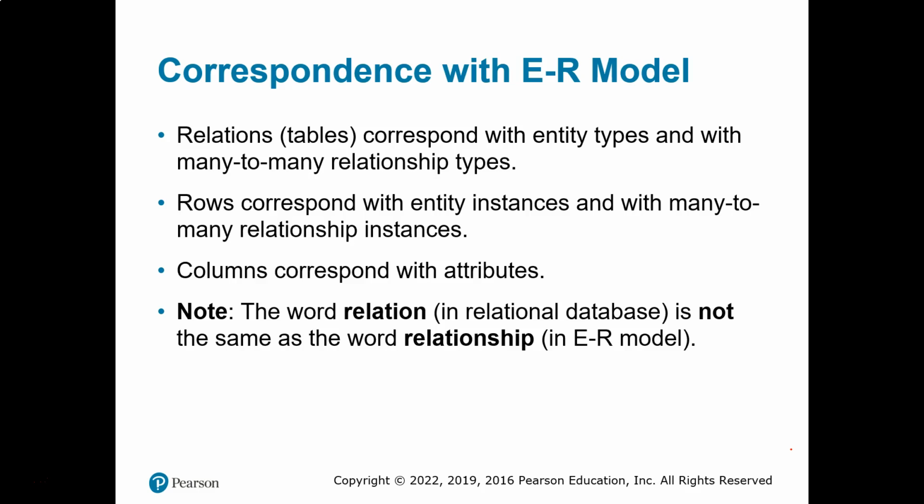Relations are not the same as relationships. A relation is a table that follows the rules on the last slide. A relationship is how two relations, or more than two relations, relate to one another.